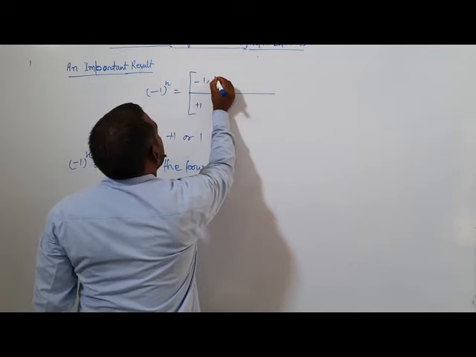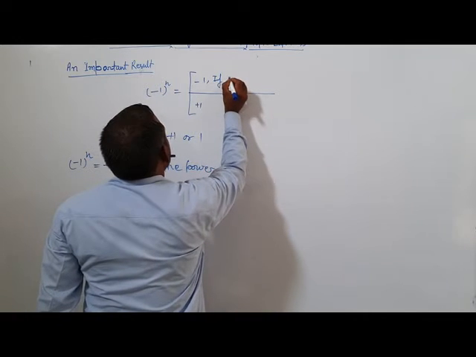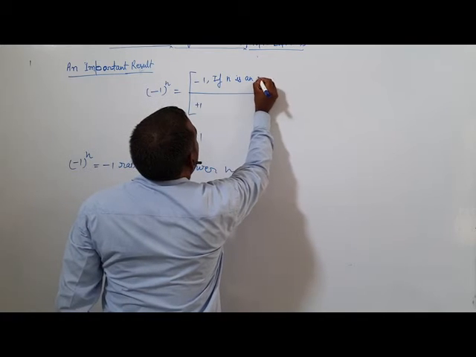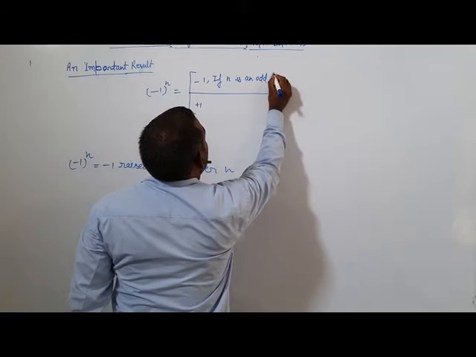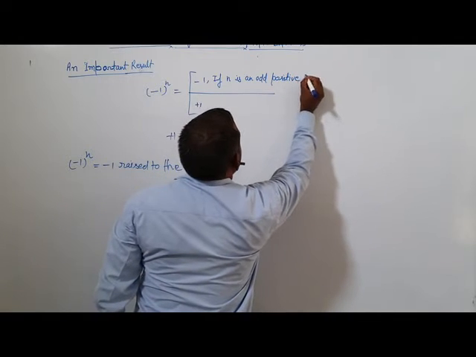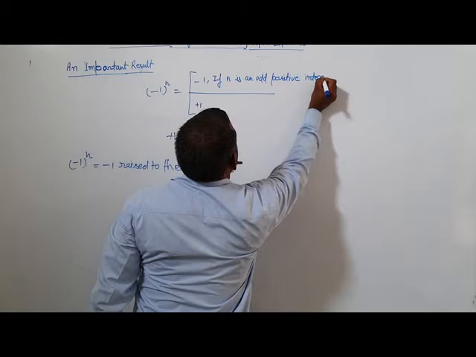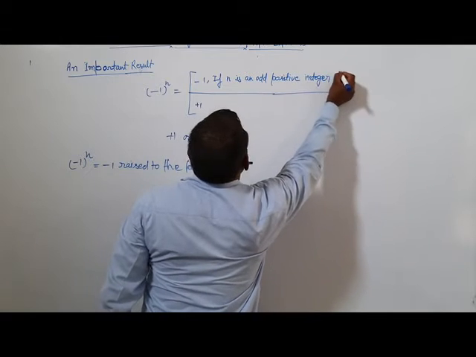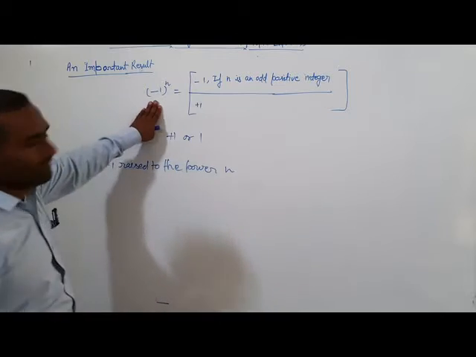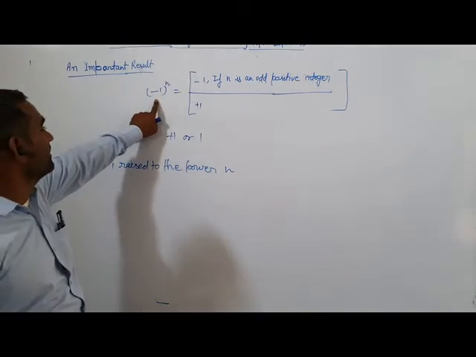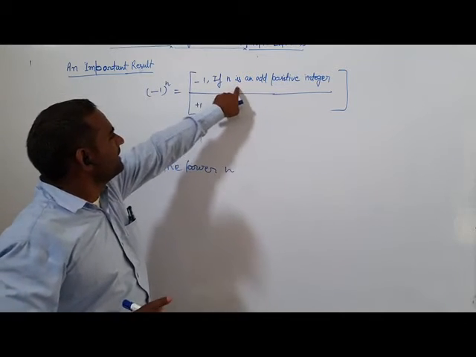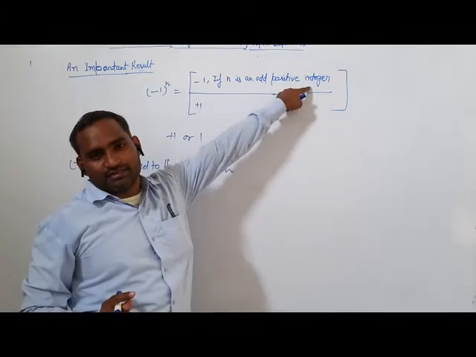The value of this will be -1 when n is an odd positive integer.